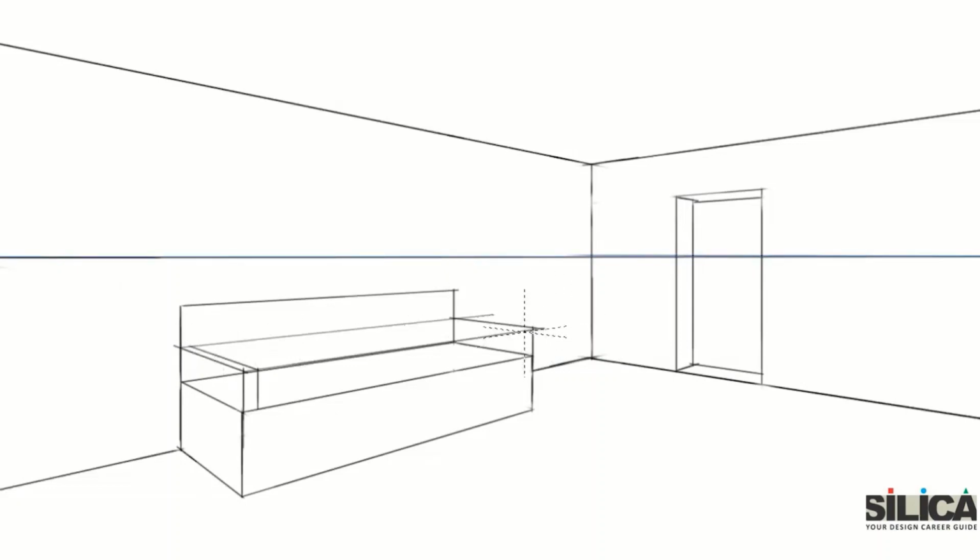Similarly, draw the other side. Now you can see the two handrests are ready. And now let's erase all the guidelines.